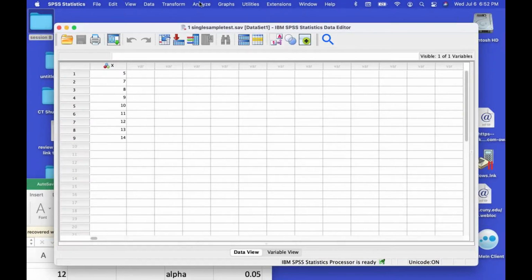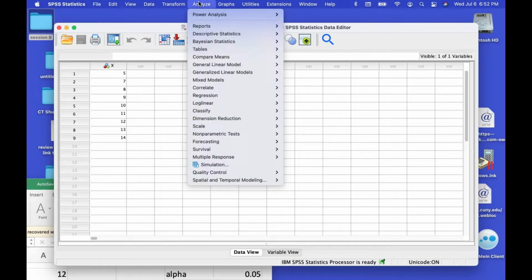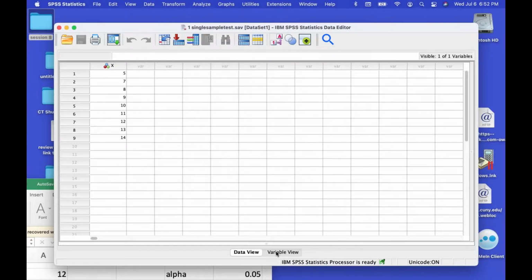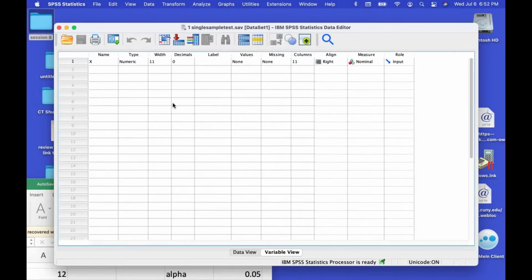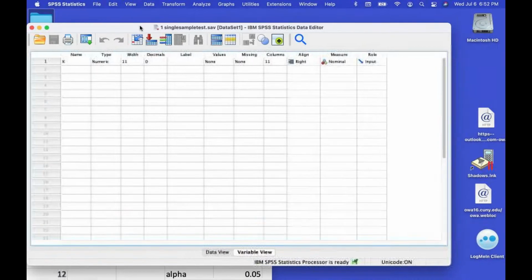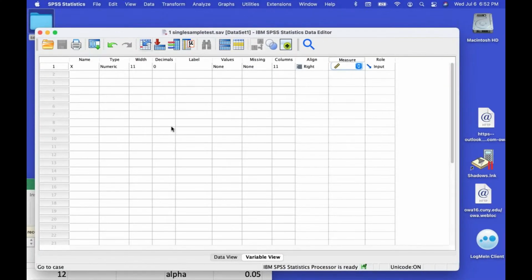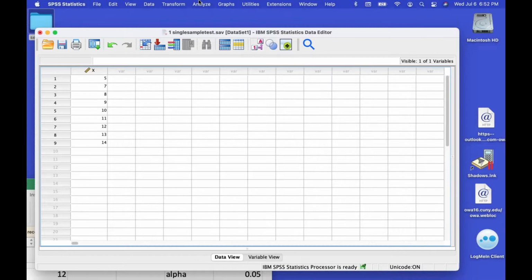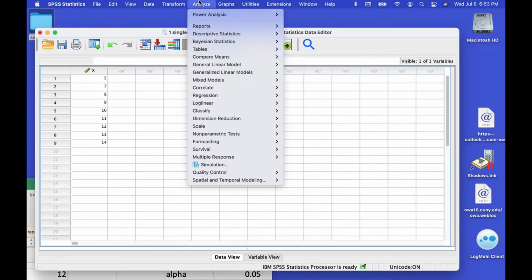So now I'm going to go up to Analyze. Now, if I go to the variable view, you'll see that it has this as a nominal variable. I got to change that to a scalar variable. Let it know it's a number, not like a social security number. I'm going to go back here. Probably would have worked anyway, but just to be safe, I'm going to go to Analyze, and what operation am I going to do?